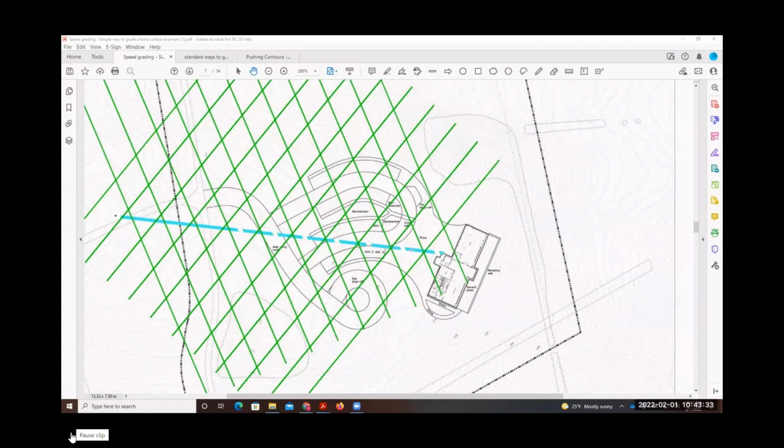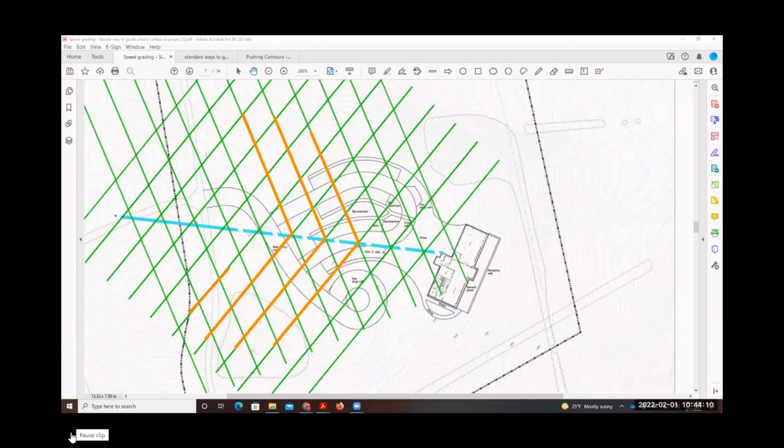But I'm going to say if this is a ridge line going through here, I could simply say that when this contour hits the ridge line, I'm going to now bend that contour back this way. When this contour hits the ridge line, I'm going to bend that contour back this way.